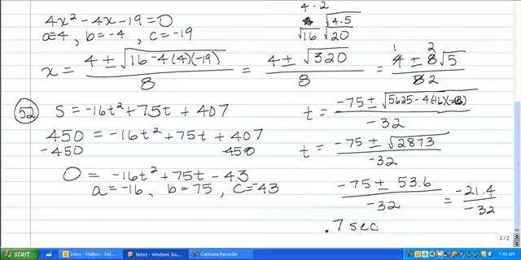And then if I do it with the minus, 75 minus 53.6, divided by negative 32, I get my two answers. So the numbers were a little bit big and messy there. I'm going to stop here and pick up in the next recording.